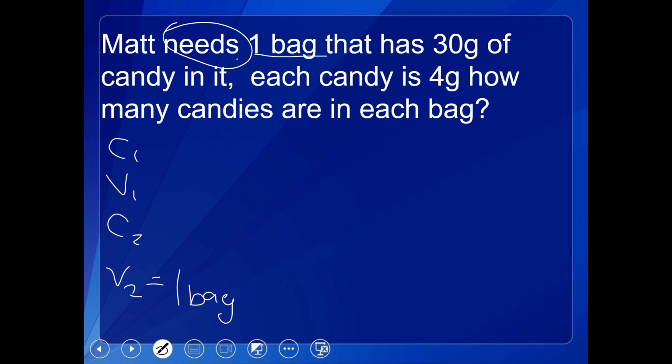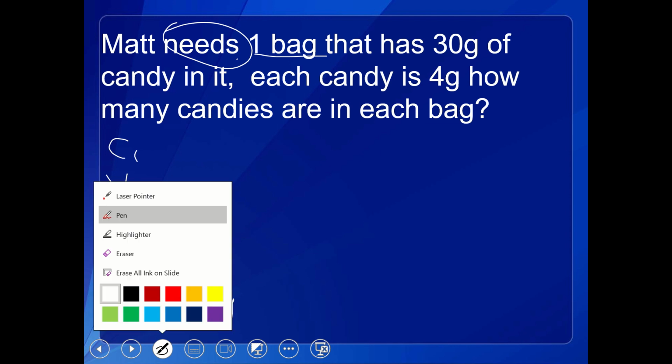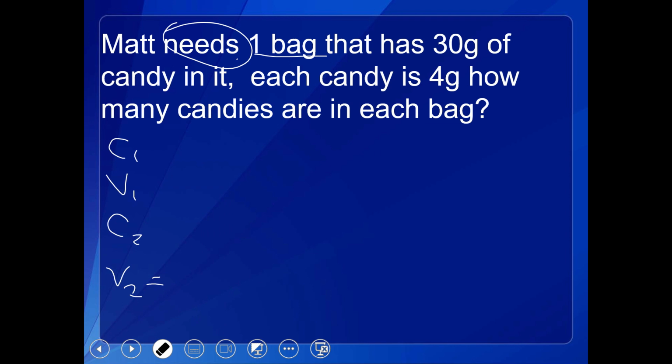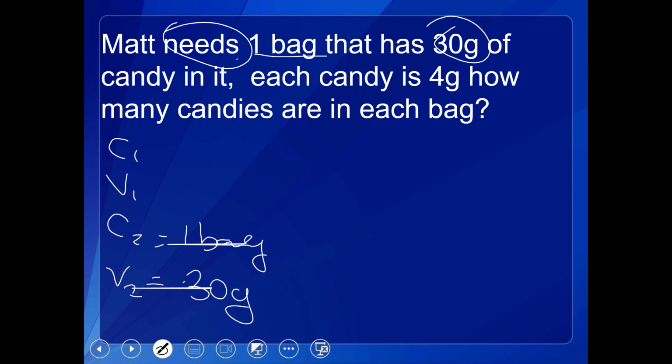Not your volume, your concentration. Doing great. 1 bag. Your volume is going to be 30 grams of candy in it. Each candy is 4 grams. How many candies does he need?